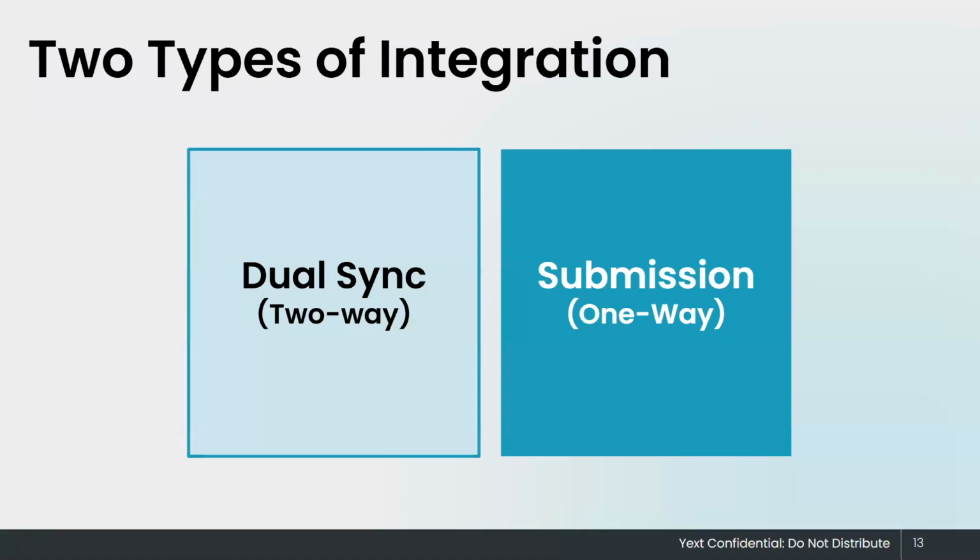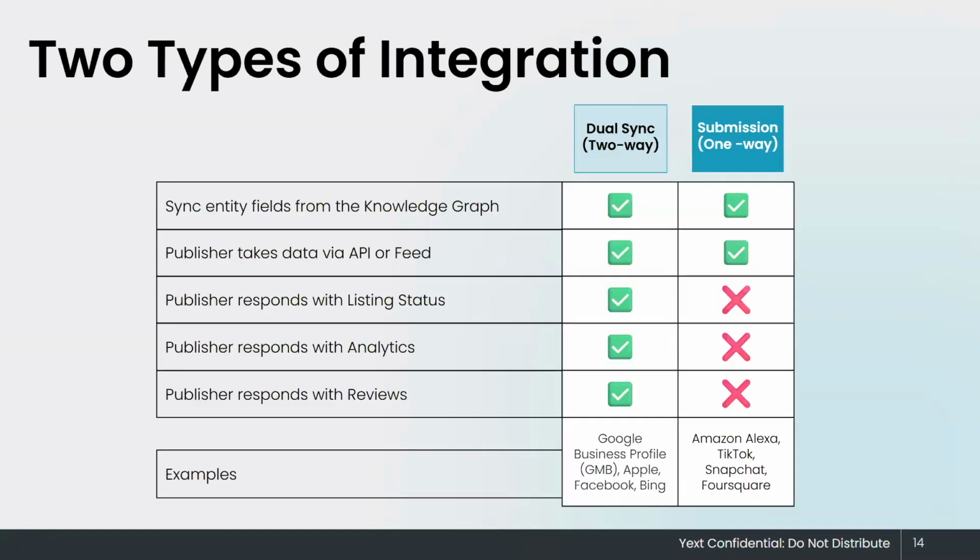It's simply the agreement we have with the publisher. That publisher takes the data from Yext as a very high confidence trusted source, but due to the agreement we have, they're not going to send any data back or give us any analytics or anything for that.